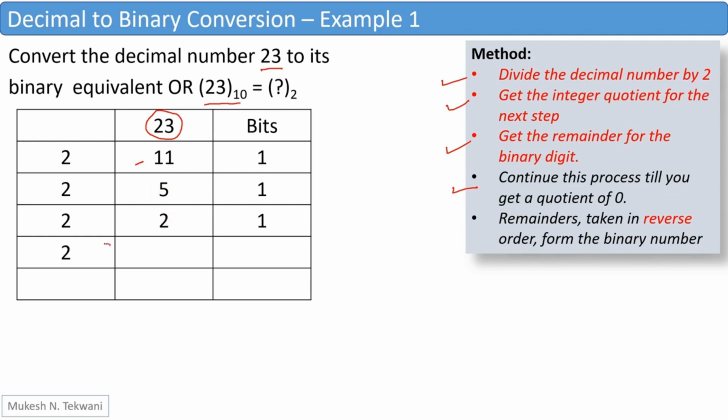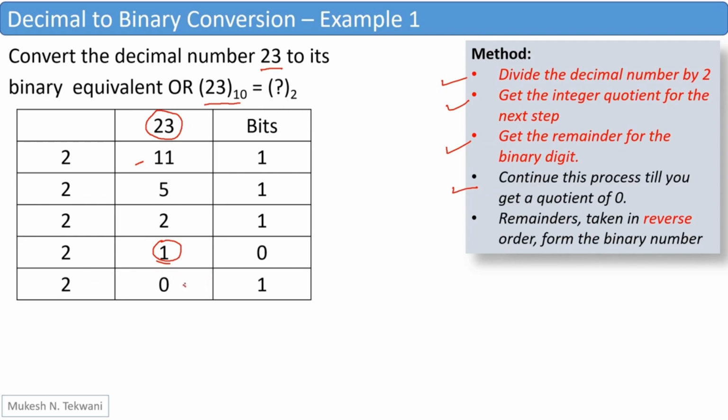Now 2 again divided by 2, because this is not yet 0, so 2 ones are 2, that leaves us with no remainder, so we write 0 as the remainder. This quotient is still not 0, and therefore we again divide this by 2. So 2 zeros are 0, and that leaves us with a remainder of 1.